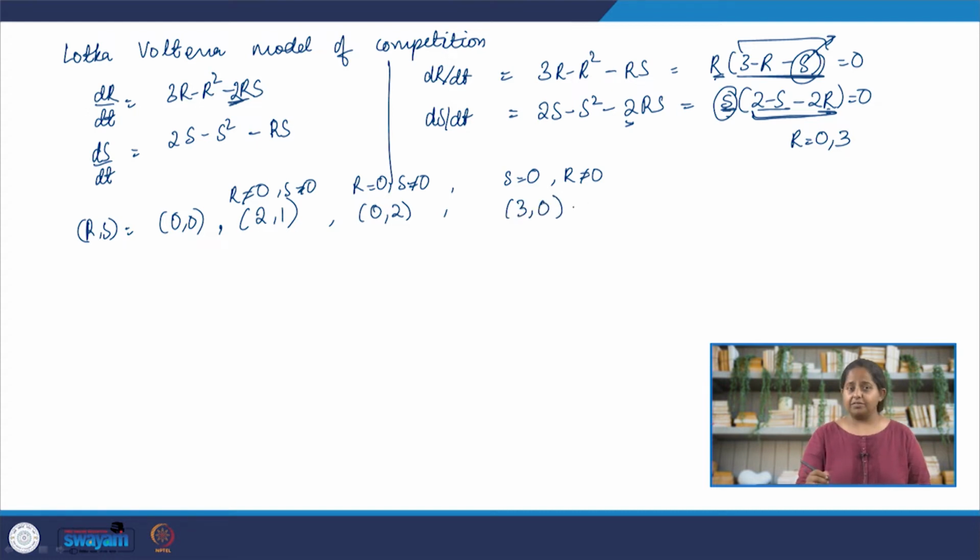Okay, let's see if there is any other fixed point. If you do the calculations, you will see that there might be other fixed points, but they're negative. So we have 4 fixed points here.